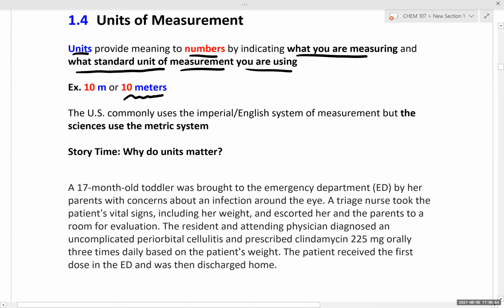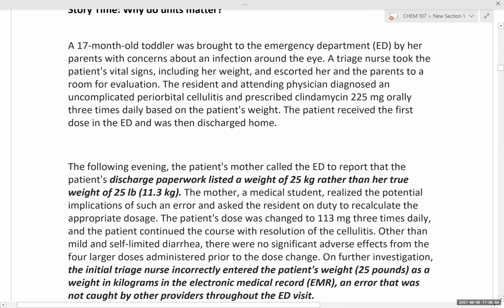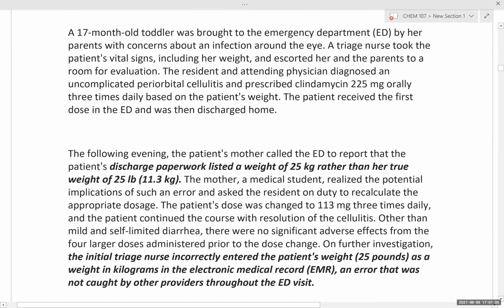So one example that I found that was quite interesting is that when a toddler was brought in to treat an eye infection, and they were going about developing and figuring out the proper dosage of a medication, the discharge paperwork listed a weight of the infant as 25 kilograms rather than their true weight of 25 pounds, which is about 11 kilograms.